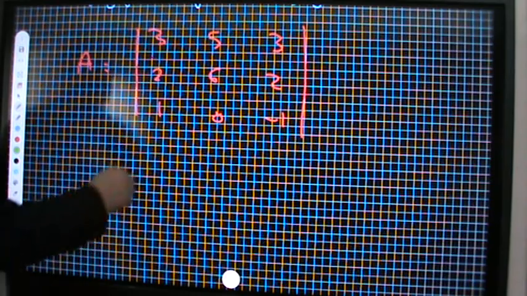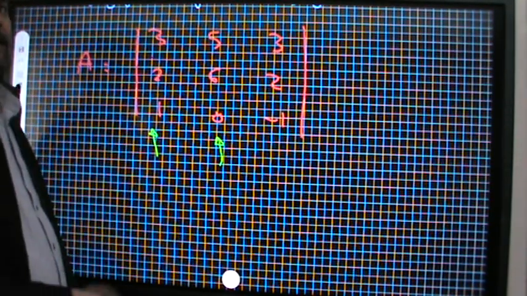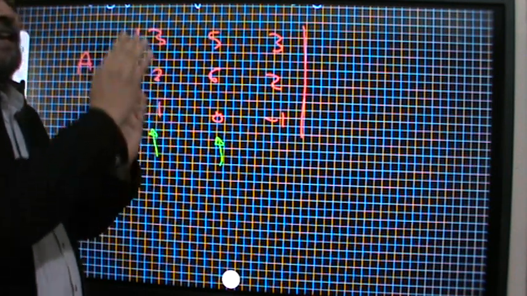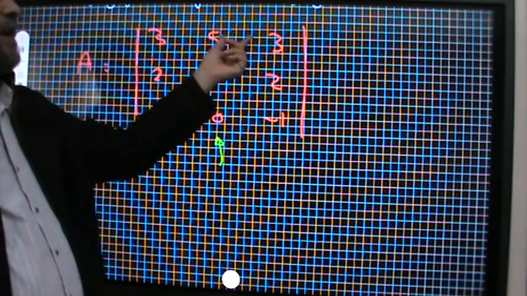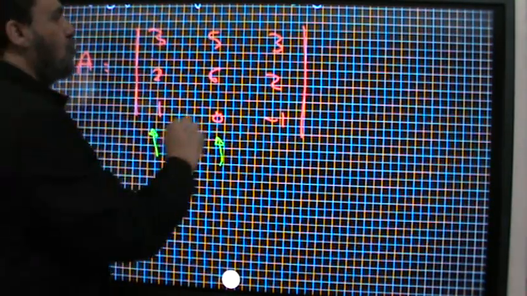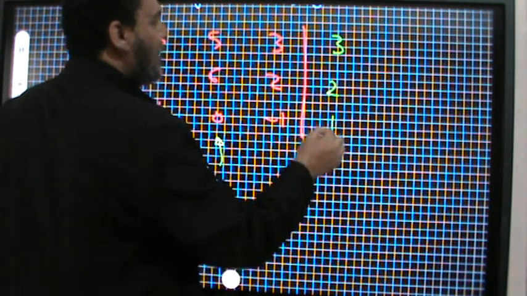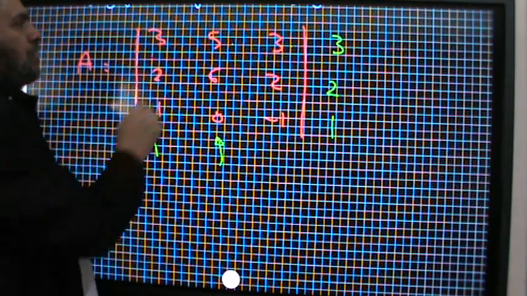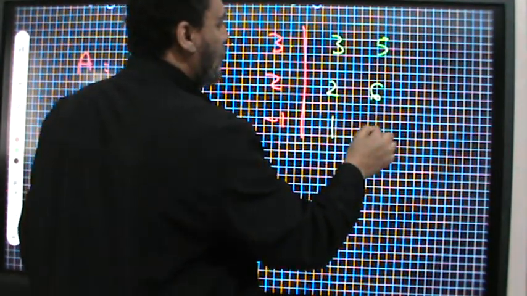If you take the first column and the second column and copy them and paste them beside the determinant, take care of the distance between each two columns. The 3, 2, 1, write it here, 3, 2, 1. Take care the distances are equal. 5, 6, 0 will be 5, 6, 0.